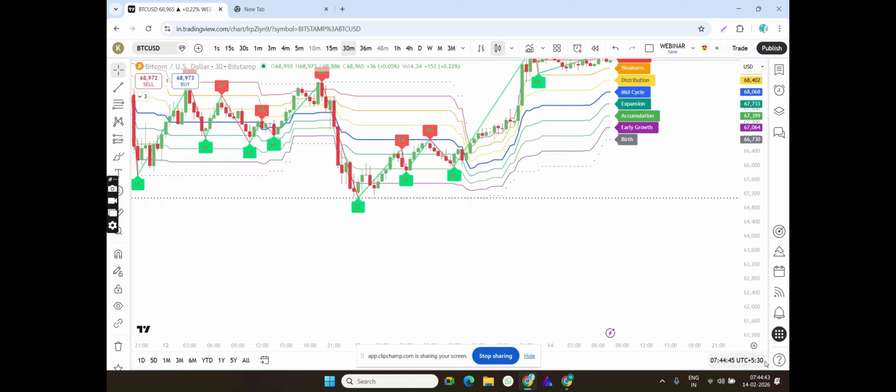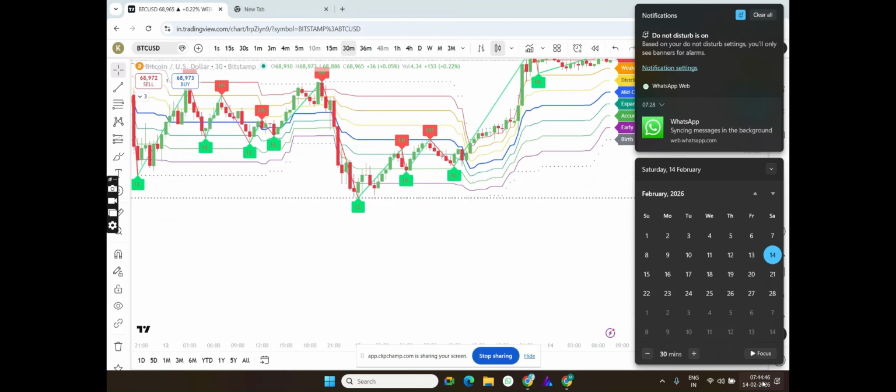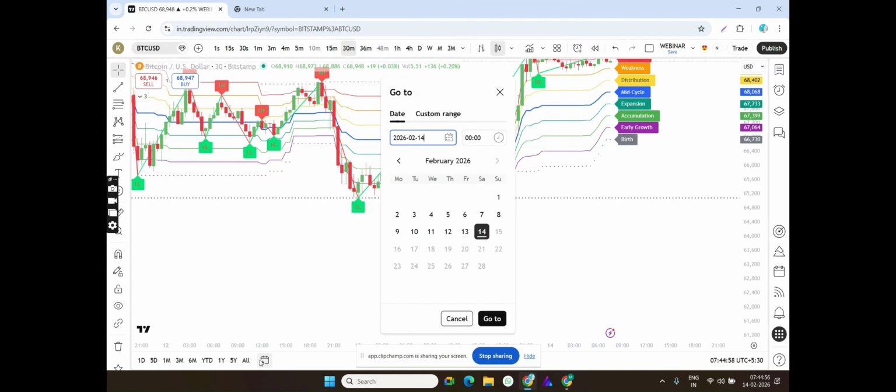Let us take any day in the past month. Suppose today is the 14th, so we can go to 14th Jan and check the intraday trend. It is pretty random on my part to go and check this.